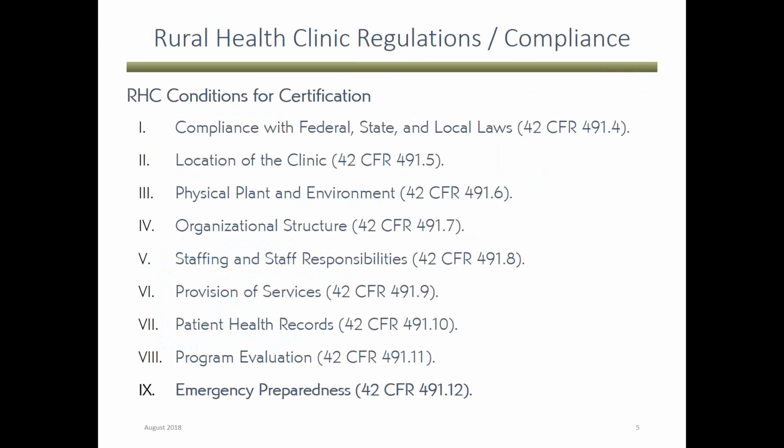Again, I give you the citation there so that you can look at it, but because it is a recent condition that was added, we are finding that a number of RHCs have not addressed this or perhaps are not in compliance. So those are the 9 conditions for certification that one would need to be familiar with.